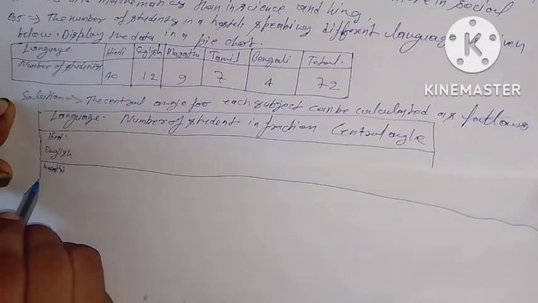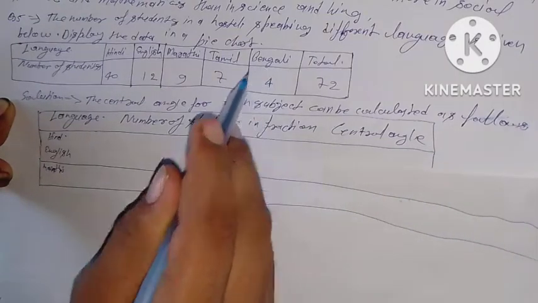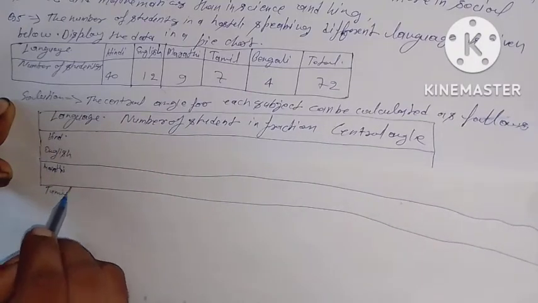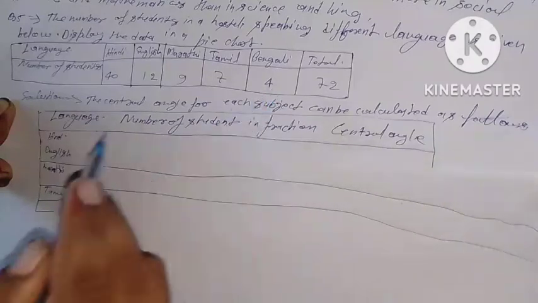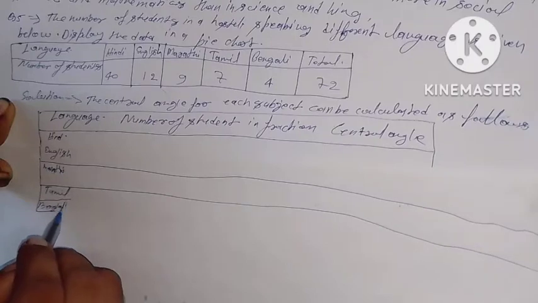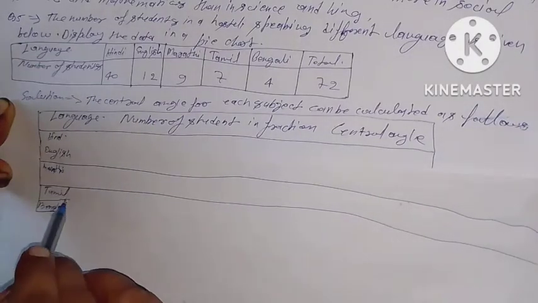Fourth language is Tamil. And next language is Bengali.